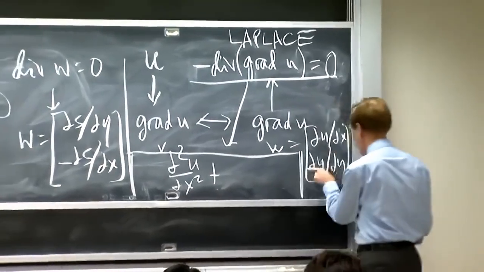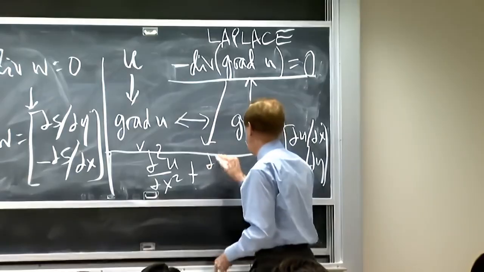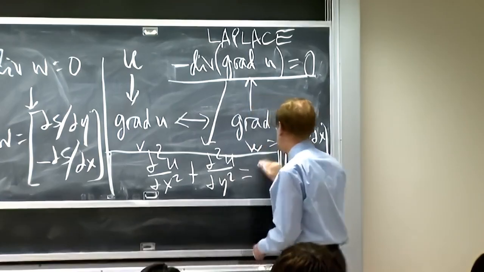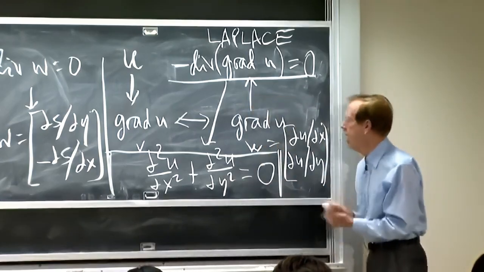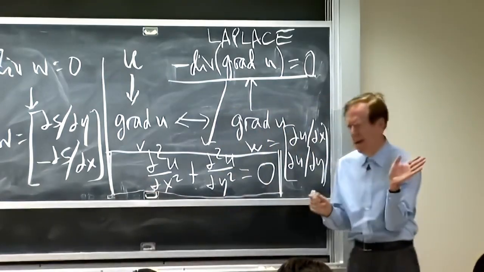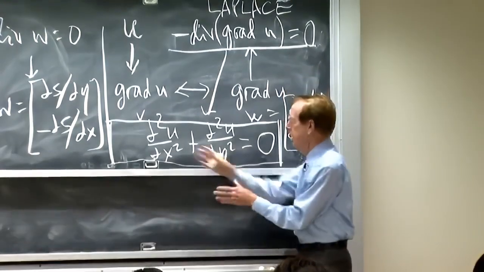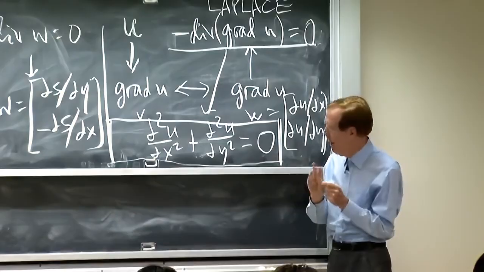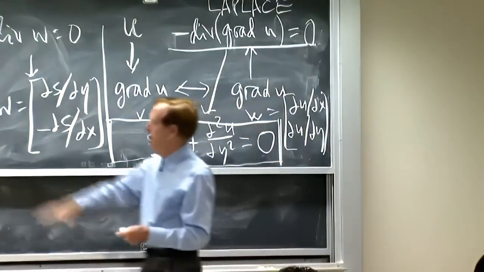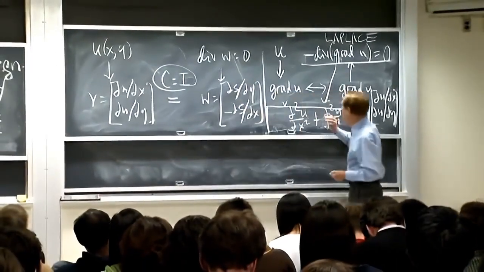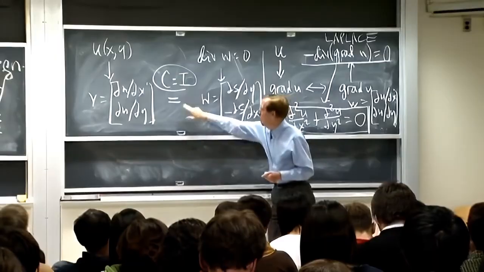And the y derivative of that is d second u dy squared. And I get 0. So that's Laplace's equation. You see that the whole idea is Laplace's equation. In working with Laplace's equation, we have 3 elements here. The gradient comes in, the divergence comes in, and equality comes in.